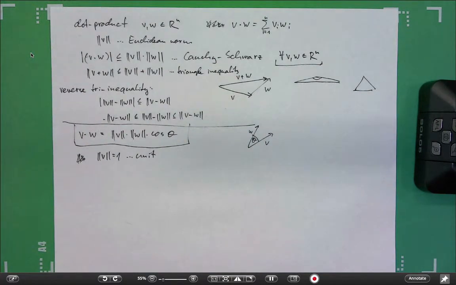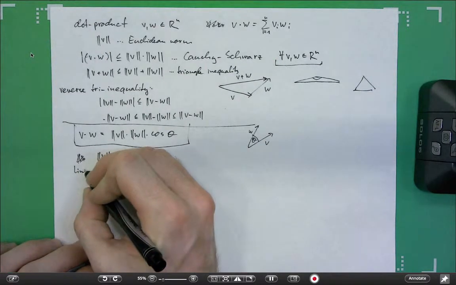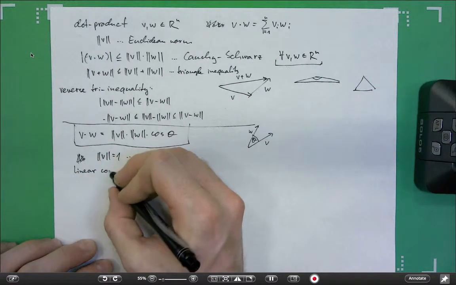And one more thing I should remind you of is the definition of a linear combination of vectors and scalars.